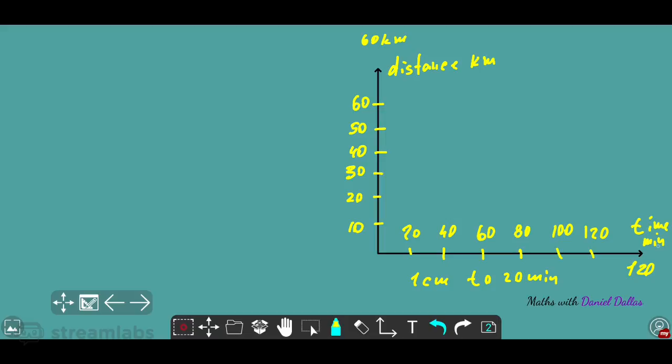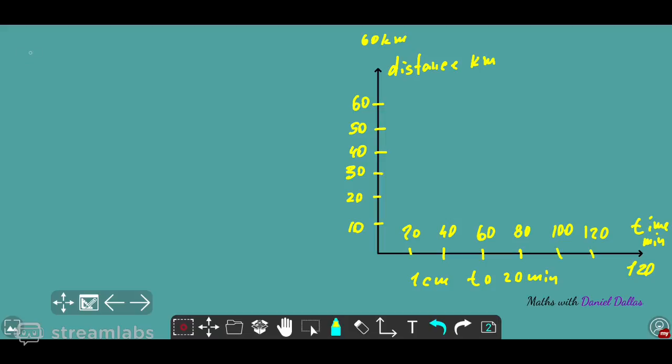Okay. So we draw the grid. So that's the grid. Basically, it's a vertical and horizontal axis. Each stands for a quantity. The vertical one is for distance, the horizontal for time. So what are we going to do next? Sarah traveled to meet Dave, who was 60 kilometers away. Is any time specified?